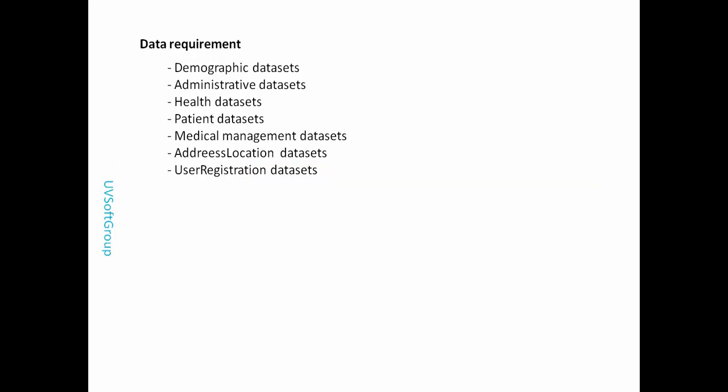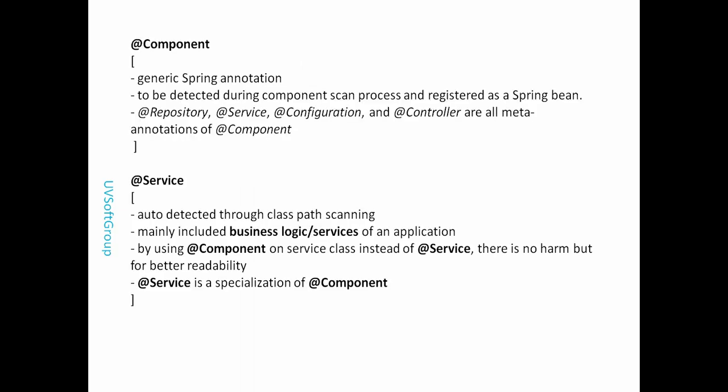The data requirement was that the API should contain the demographic data set, administrative, health, and patient and medical management data sets, and also the address, location, and user registration data sets. So all of those should be contained in the API.